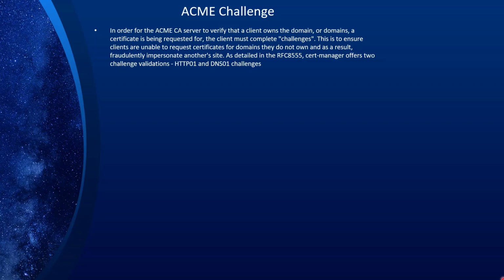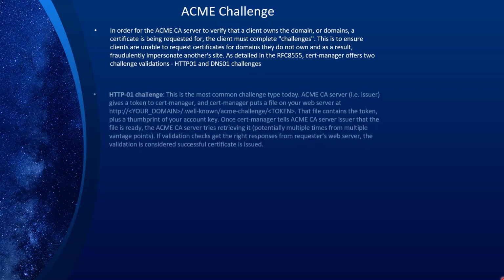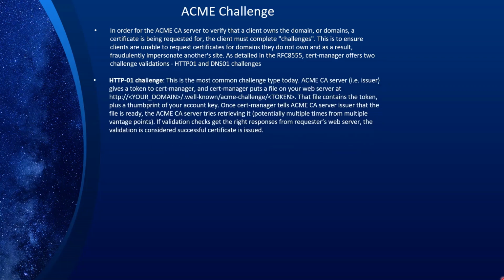As detailed in RFC 8555, Cert-Manager offers two challenge validations, HTTP-01 and DNS-01 challenges. We can configure Cert-Manager to use either one. The HTTP-01 challenge is the most common challenge type.